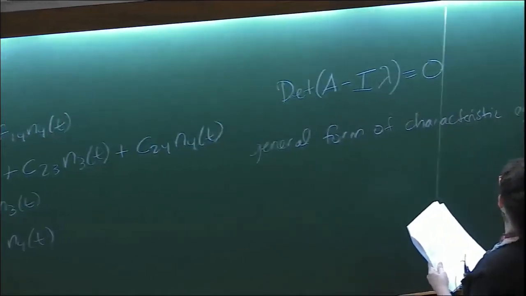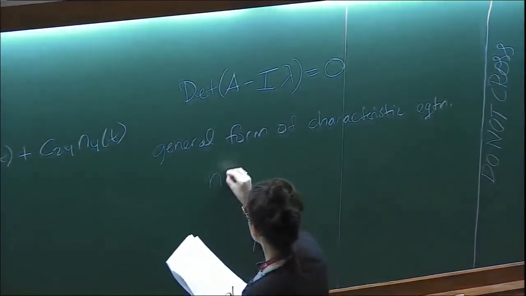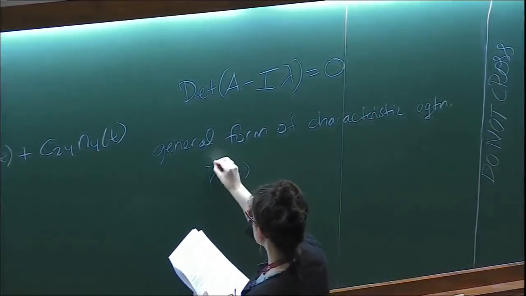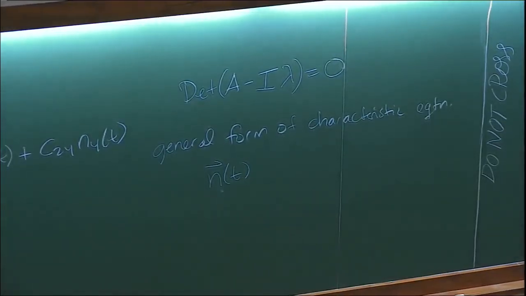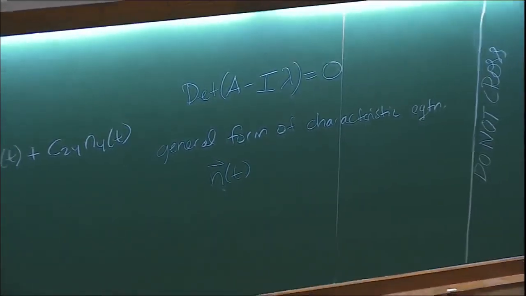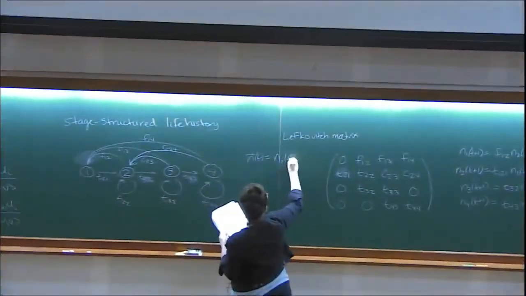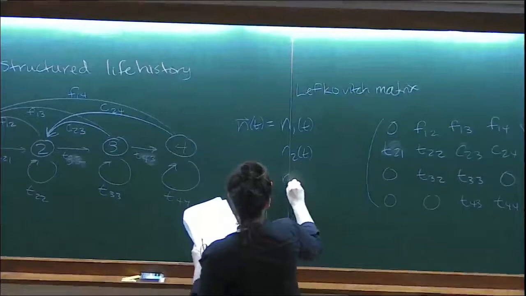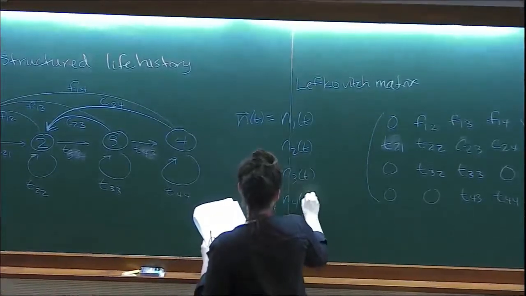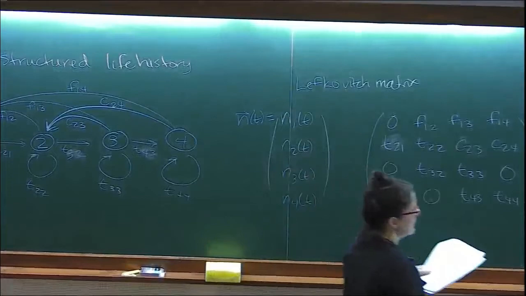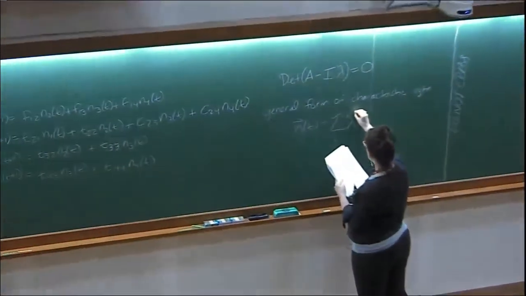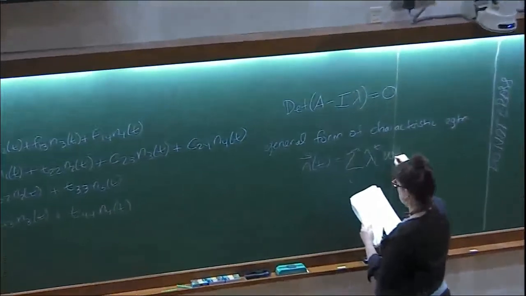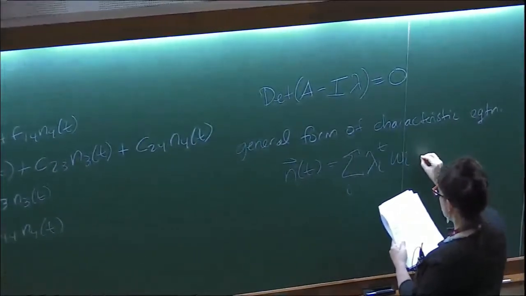It's written different ways depending on your preference, but the number of individuals in the vector n at time t, so this is for our specific case, is given by the sum of the roots of that polynomial and then a set of coefficients.